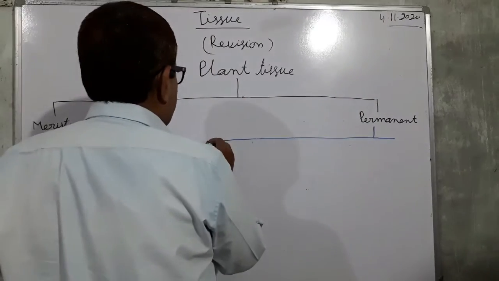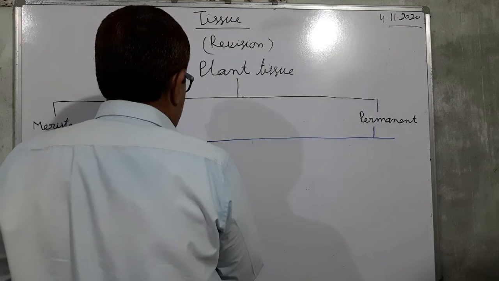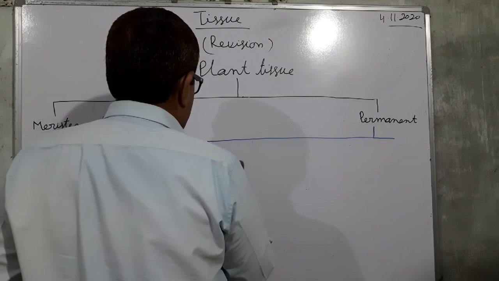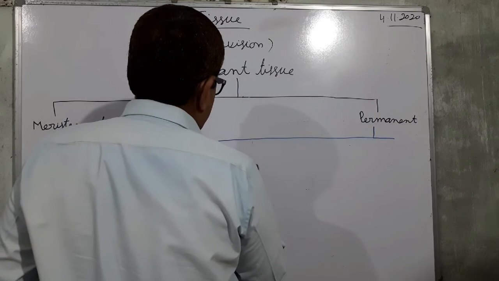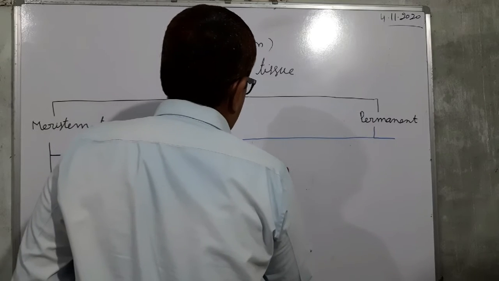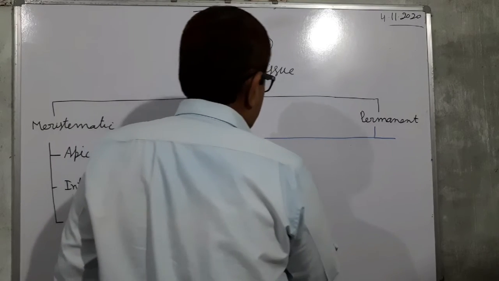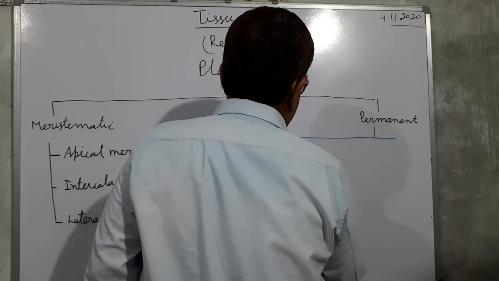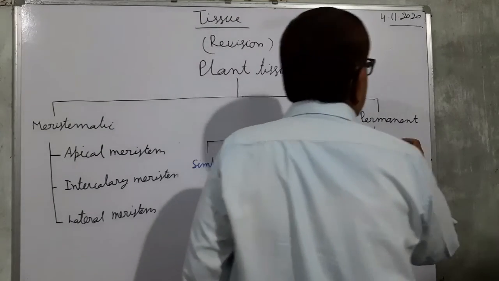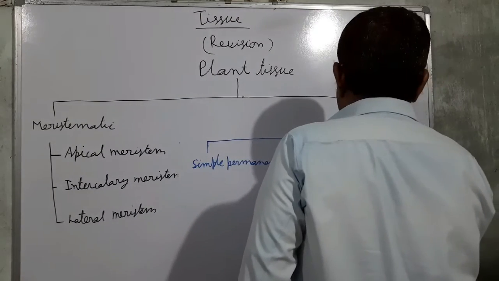Number one is simple permanent tissue, and second is complex permanent tissue.